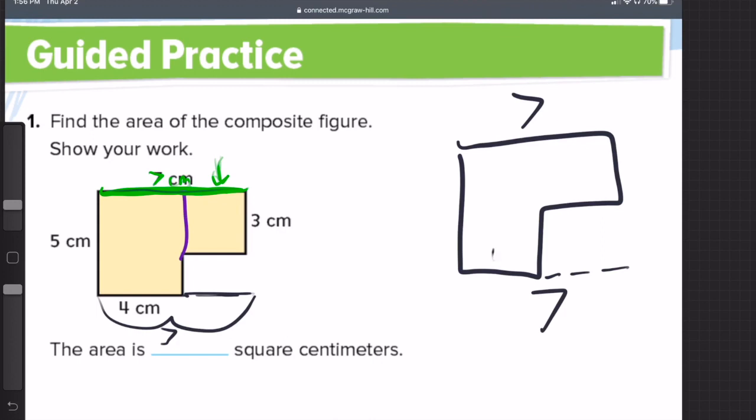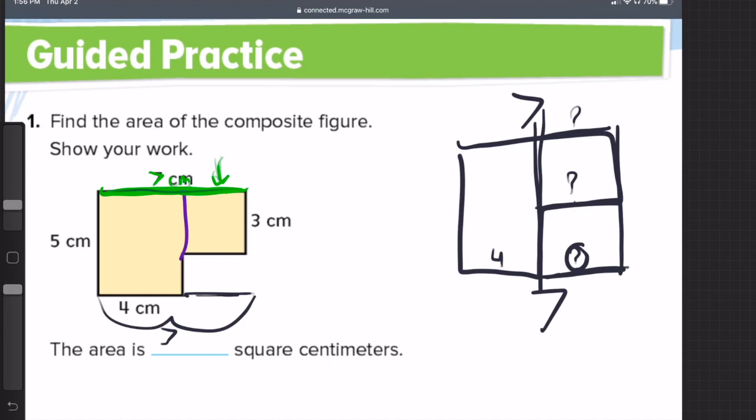And I know that this part is 4. So if this part is 4, then what we need to find is just this part, because this part would be the same here, here, and here, because same thing here, opposite sides are the same, because this is kind of like a rectangle too.